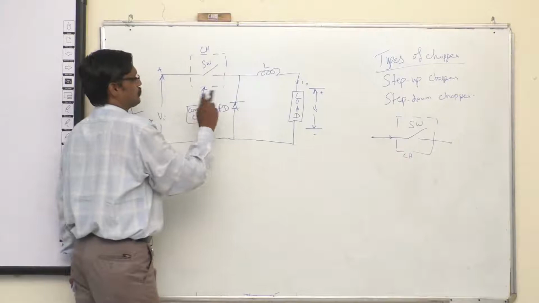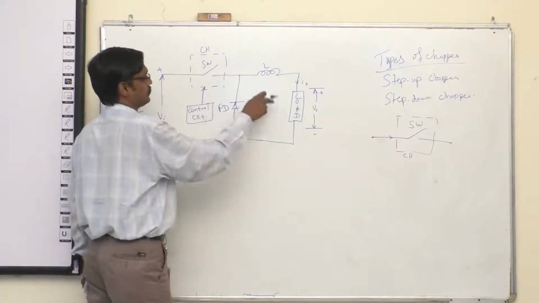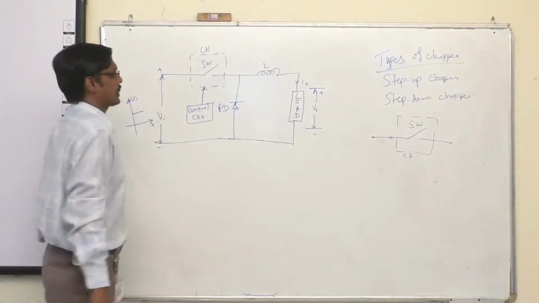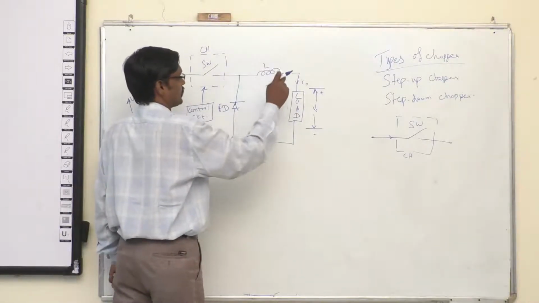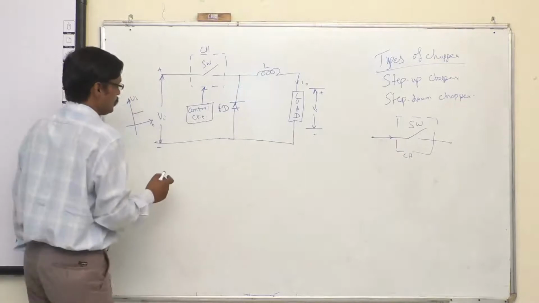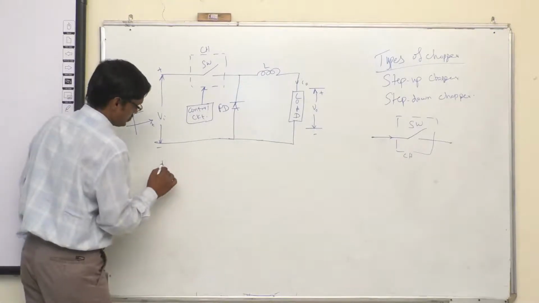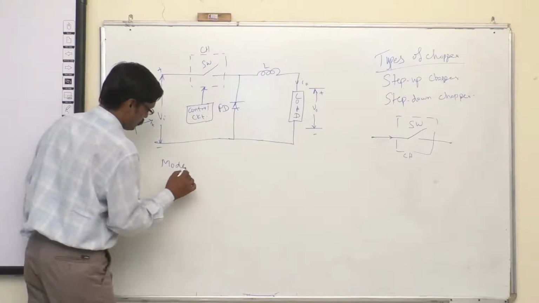Here you have a chopper switch, and a freewheeling diode, used to freewheel the current stored in an inductor and load. Here it is an inductor, and this is a load.